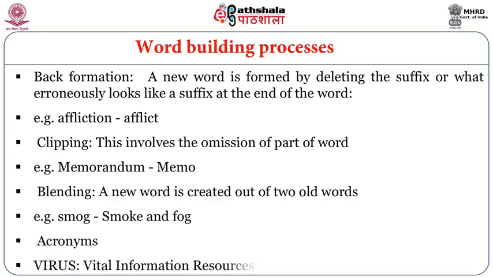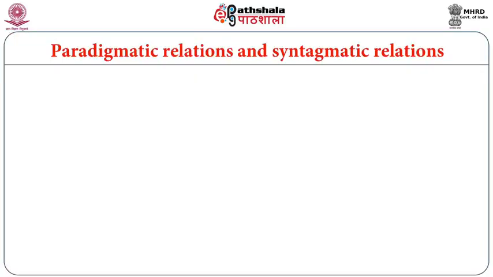Then we have acronyms like virus. The full form is vital information resources under siege, but we say virus only. Virus takes the form of a word itself. Many people don't know that they are using the short form made of the first letters of so many words. They know it as virus.